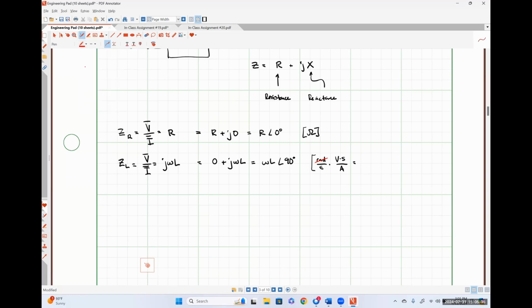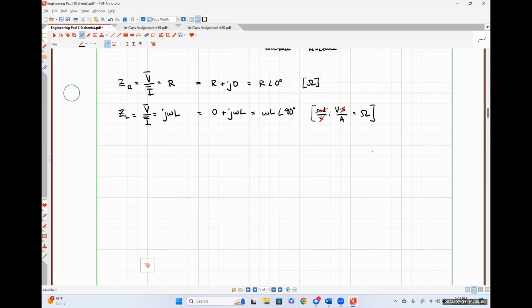And we can see that the seconds in the numerator cancel the seconds in the denominator, leaving us with volts per amp. Well, what's another term for volts per amp? Ohms. An ohm, exactly right. So the impedance of an inductor is also measured in ohms.